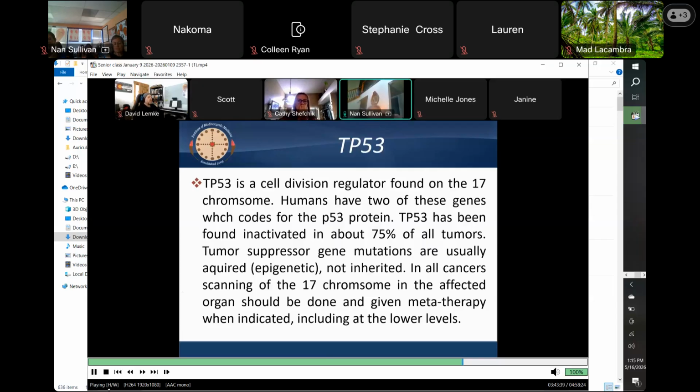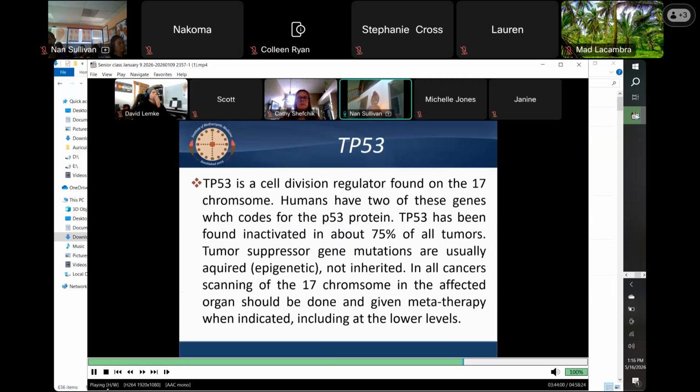So if you're treating a patient that has cancer, you're going to definitely go to the chromosomes. You're going to look at their chromosomes in the organ where they have the cancer, and you're going to look at chromosome 17.